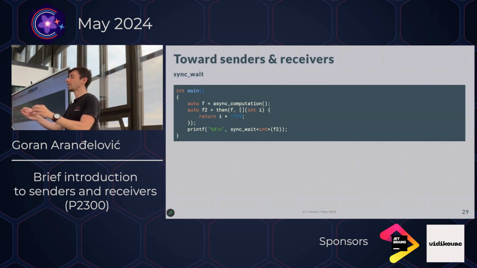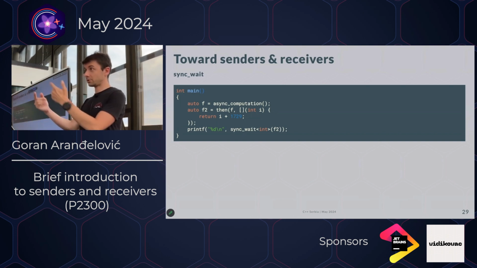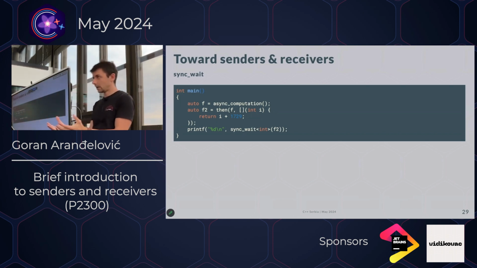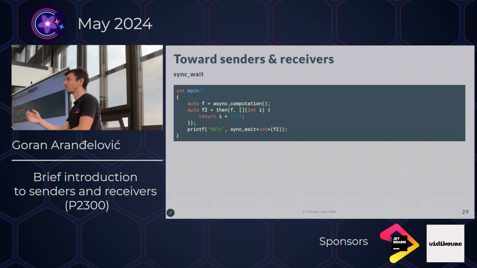So let's say that you have a thread pool, if I understood your question correctly. You are using a thread pool as a working environment for your task execution, right? You start some async computation, and then at some point you want to chain another async computation once the first one is finished, right?